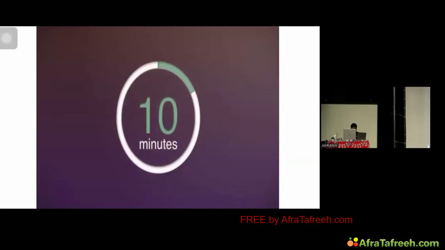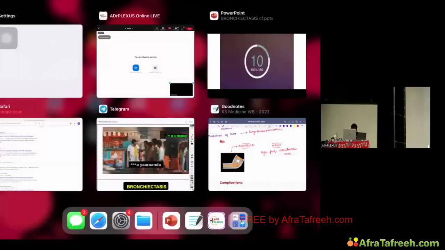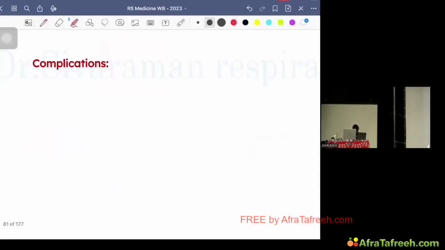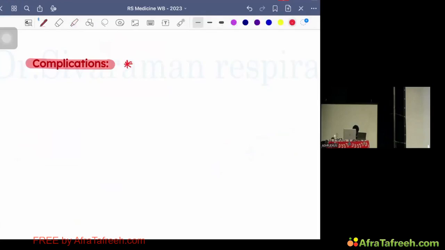Okay, so what are the complications of bronchiectasis? Bronchiectasis sometimes will lead to pneumonia, and this pneumonia can be a necrotizing pneumonia. These patients can develop abscess.